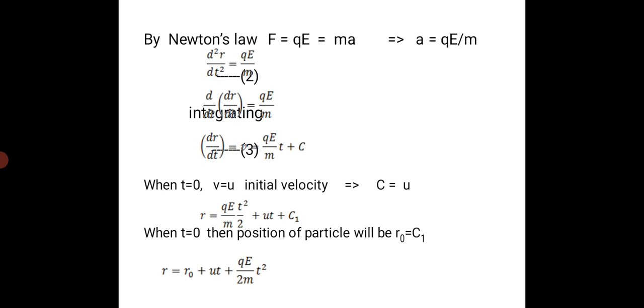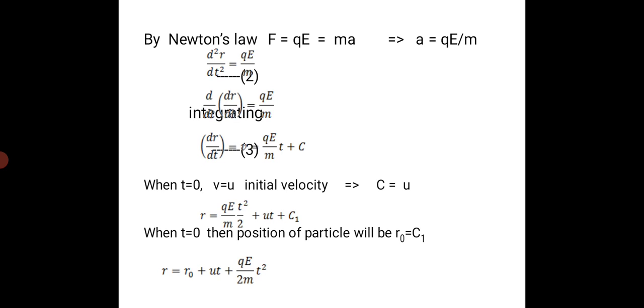That is also written as d by dt of dr by dt equal to QE by m. Integrate this equation, we will get the equation for velocity. dr by dt is equal to v equal to QE by m into t plus c, the constant of integration. Let it be equation 3. When t is equal to 0, v is equal to u, the initial velocity, which indicates constant c is equal to u.